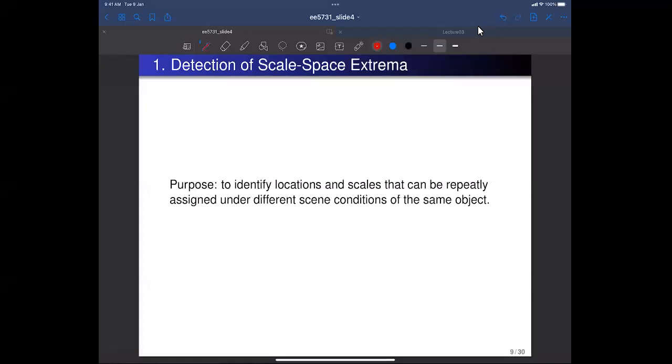Even though the second image is taken very far away from the object, and the first image is taken very close to the object, SIFT key points have to give you exactly the same location on the object, regardless of the size, regardless of the scale, and regardless of the location of the object in the image. Okay, so it has to be consistent, even in different conditions. That's the goal of the first step.